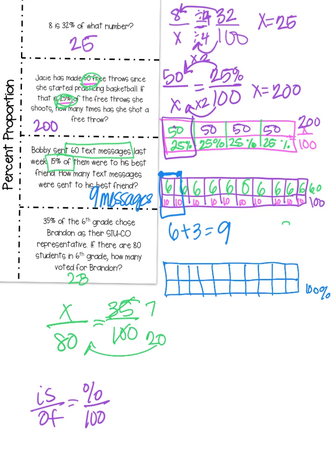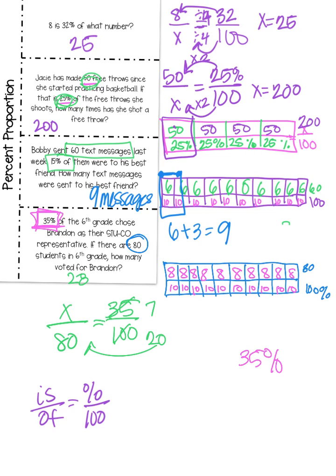And then this has to add up to 80 students, right? Because there are 80 total students. Well, what's 80 divided by 10? 8. So this is 10%. And I'm looking for how many? 35%.